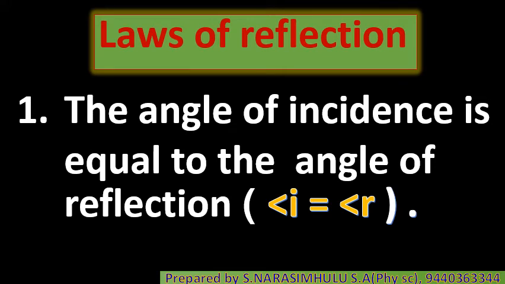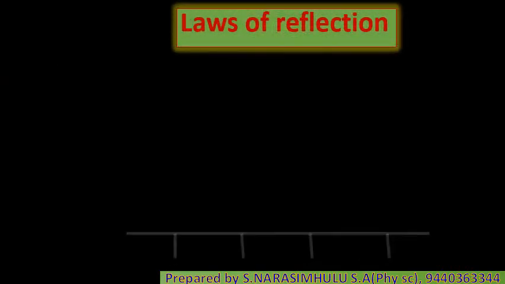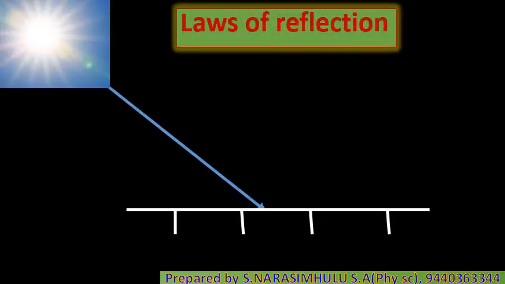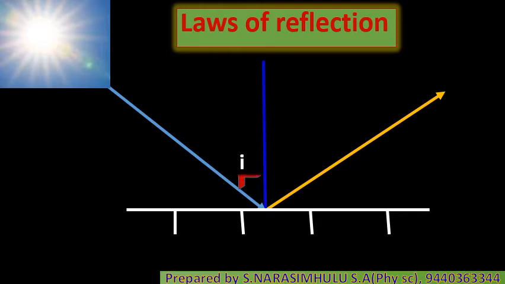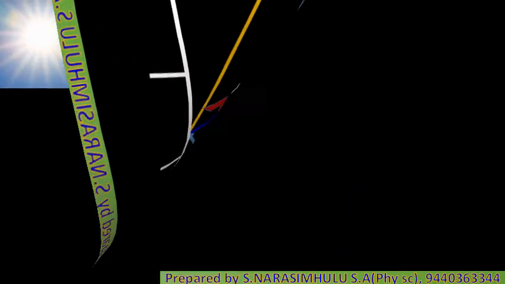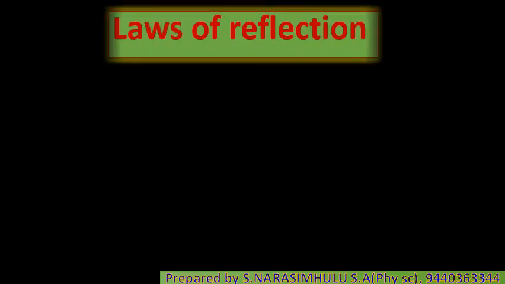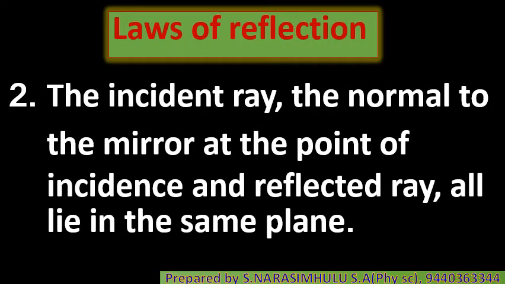That is, angle I is equal to angle R. Second one, the incident ray, the normal to the mirror at the point of incidence, and the reflected ray all lie in the same plane.